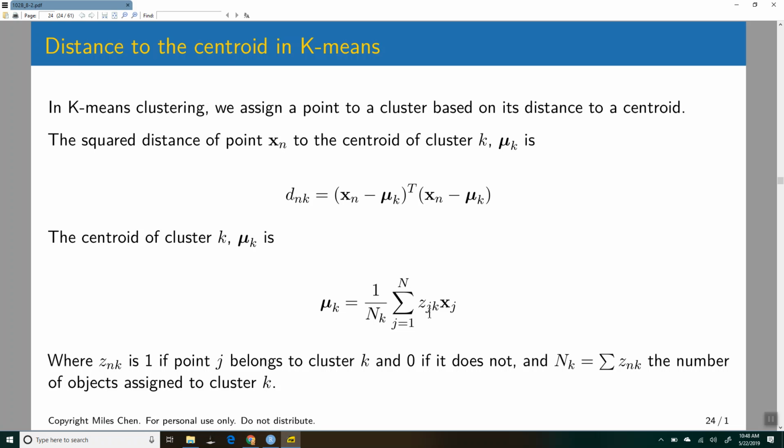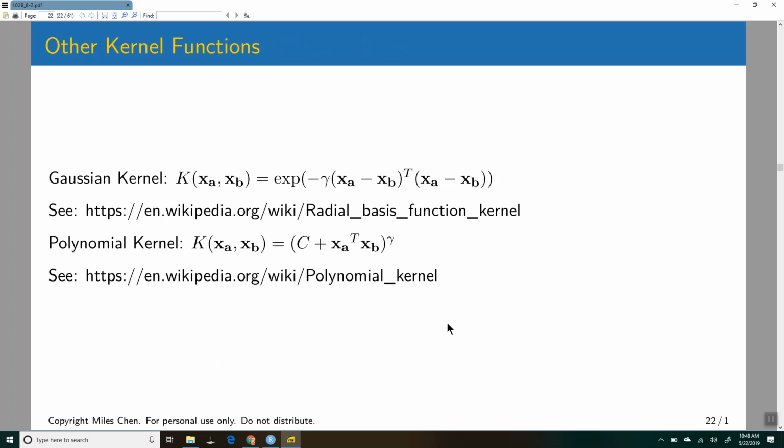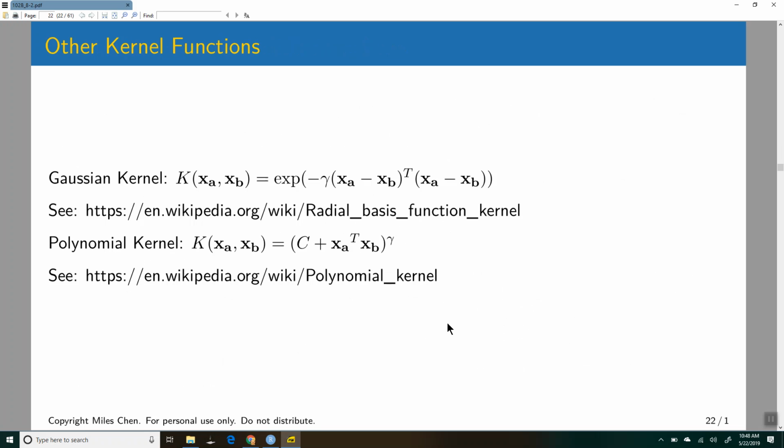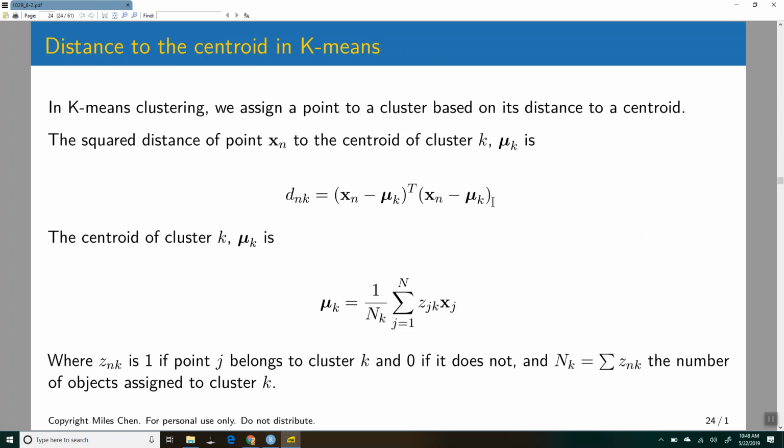But this thing, we can't kernelize because this exists in the transformed space, and we don't necessarily know the transformation function. I've provided a couple of examples of transformation functions and their corresponding kernels, but for something like the Gaussian kernel or the radial basis function kernel, which are used interchangeably, the transformation function is an infinite dimensional thing, which we're not able to compute.